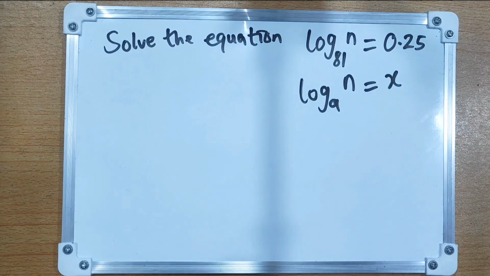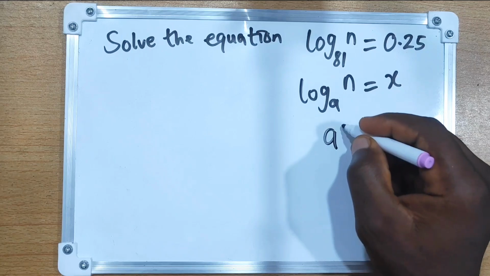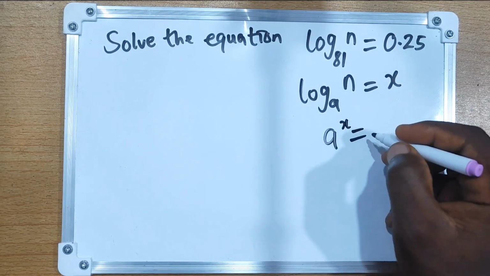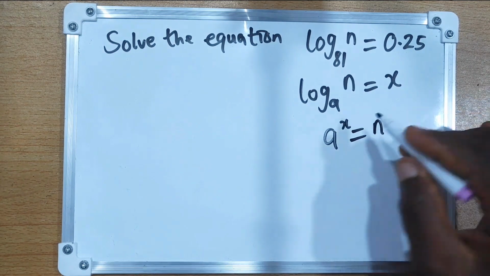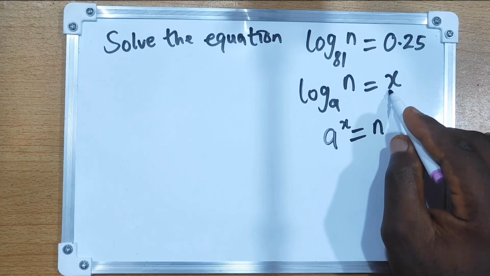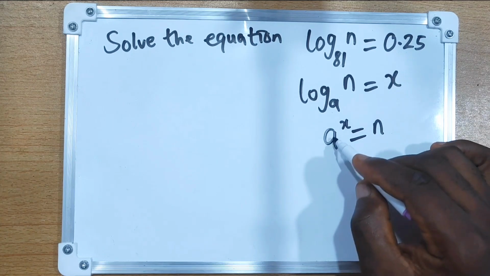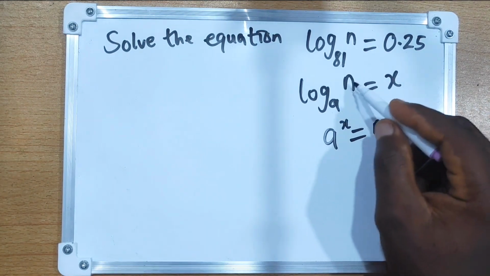What will happen is simply that your result will be a raised to power x is going to be equal to n. So the base of this logarithm will cross over to this other side and become the base here, and this x here will become the power, then it will be equal to n here.